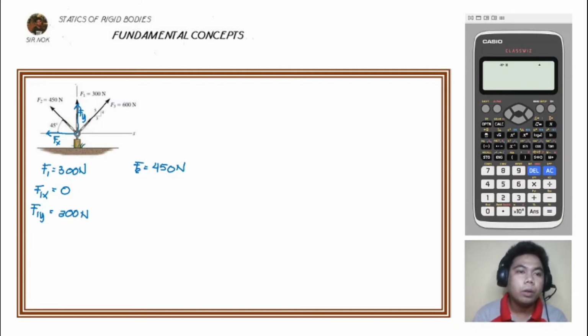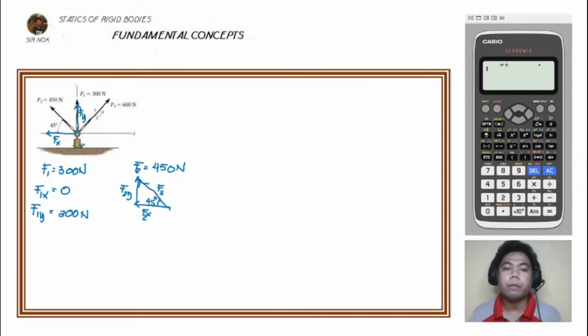To solve the x and y components, we're going to create a force triangle. Let's call the x component F2x, the x component of force 2. Then the y component, let's call it F2y, and the force F or F2. And this is your angle theta, which is 45 degrees.